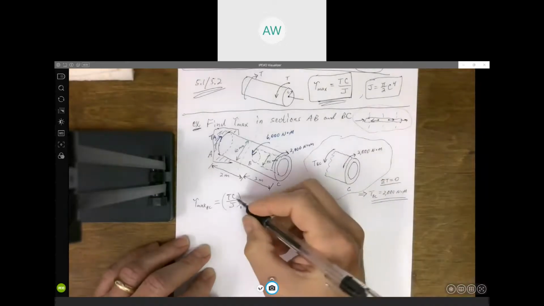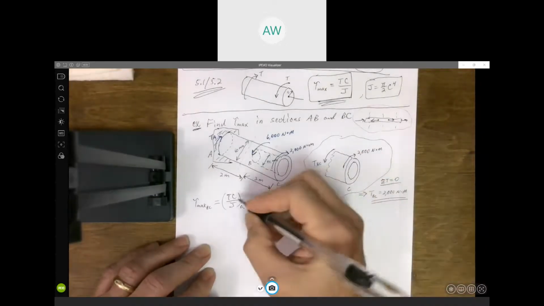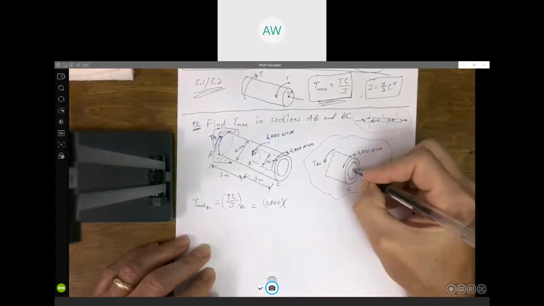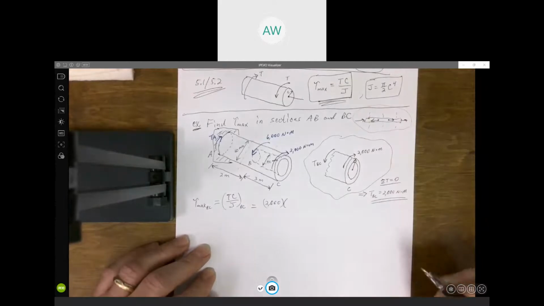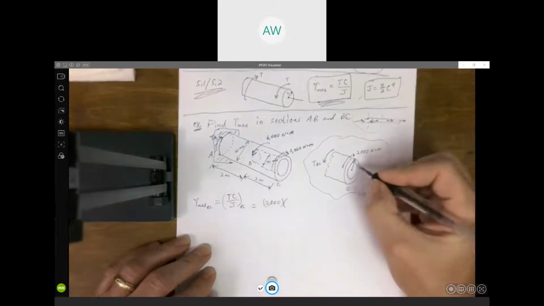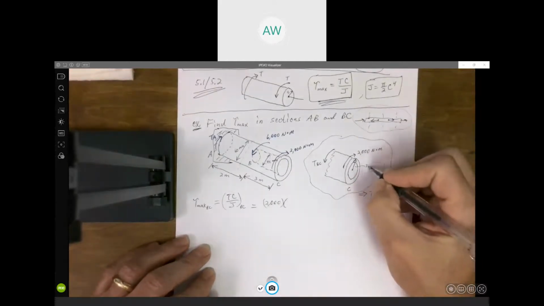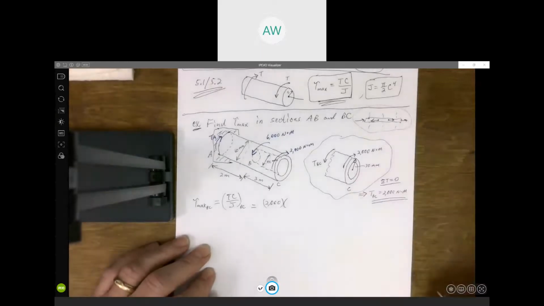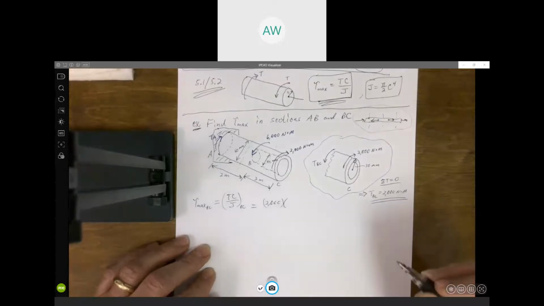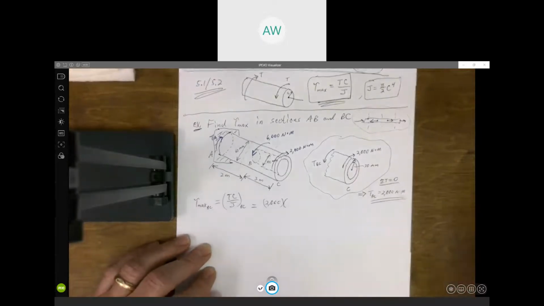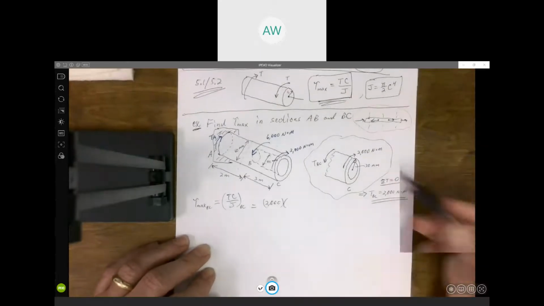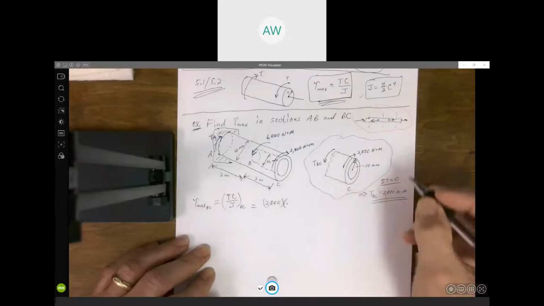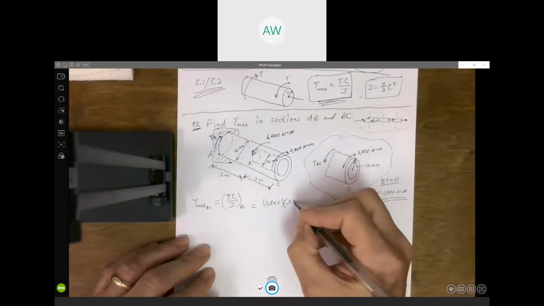This c is not the same as point C. This c in this formula is the outer radius. And that would be, I think, 30 millimeters, the radius from the center out to the outer surface. Be careful, make sure units are compatible. These are Newton meters, so we want our radius in meters. So that's 0.03 meters.